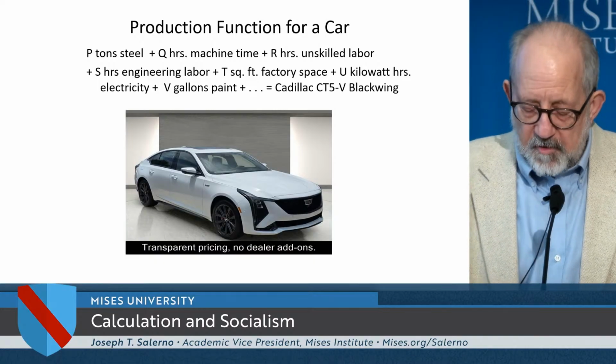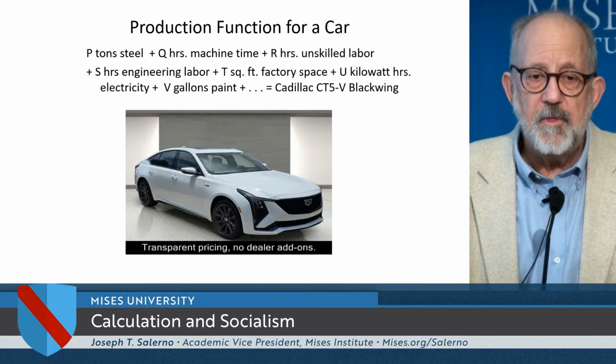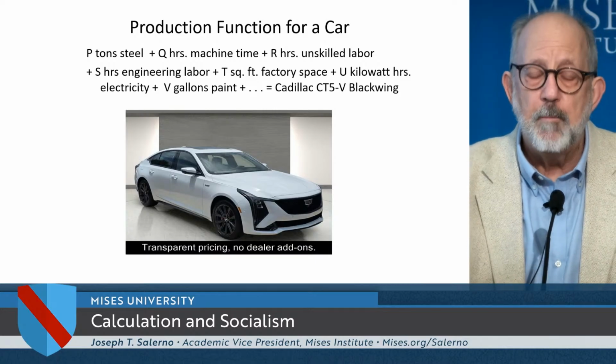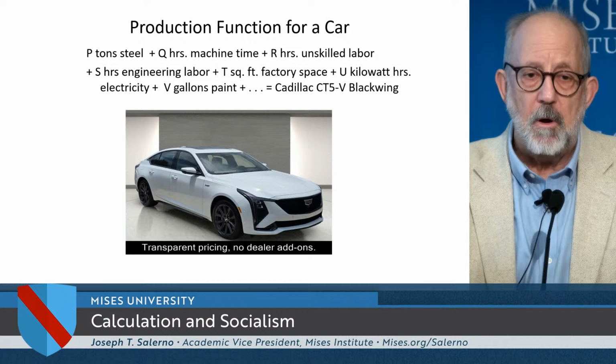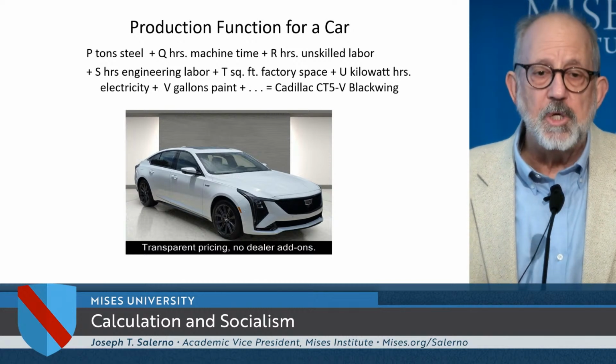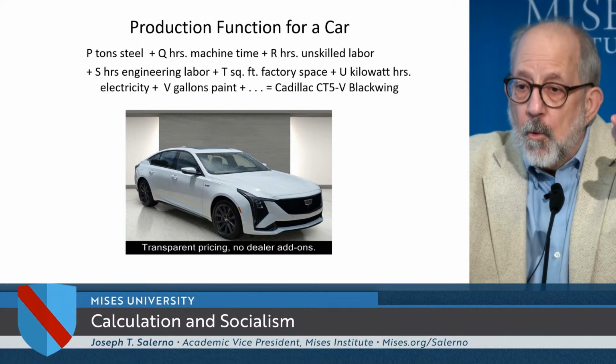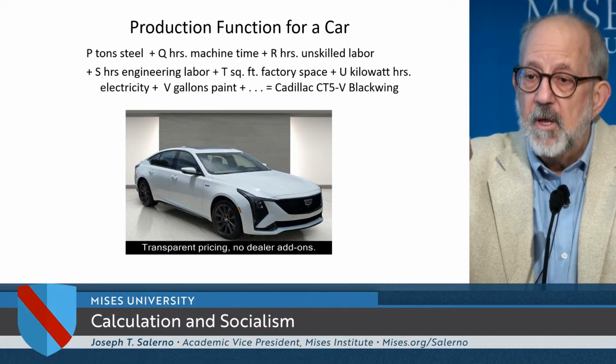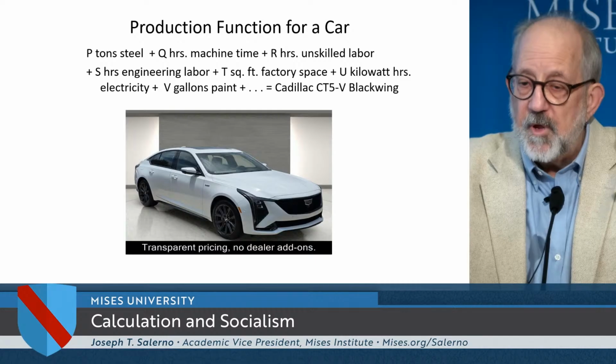So let's say the Commissar or the Central Planning Board is deciding whether to produce a certain model car. He knows the production function. The production function is what we call in economics the recipe for building anything, for producing anything.